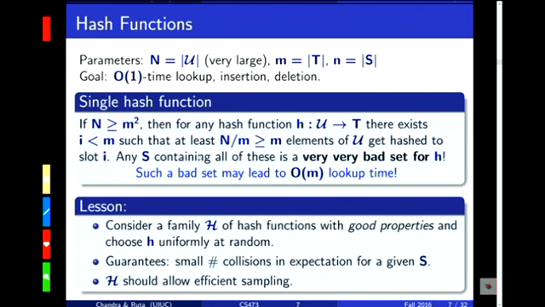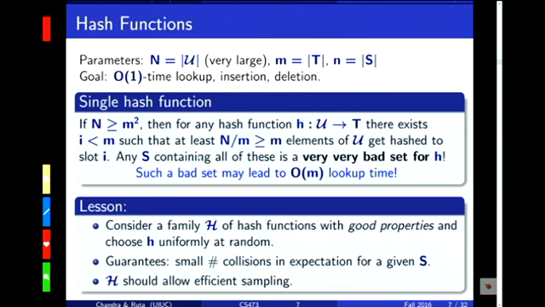Okay, so we want to use randomization, and then the guarantees will be in expectation. So we want a small number of collisions in expectation. And the other thing should be, because we are going to be picking a hash function from this family, like we will be sampling it, so there should be efficient sampling allowed from our hash family.